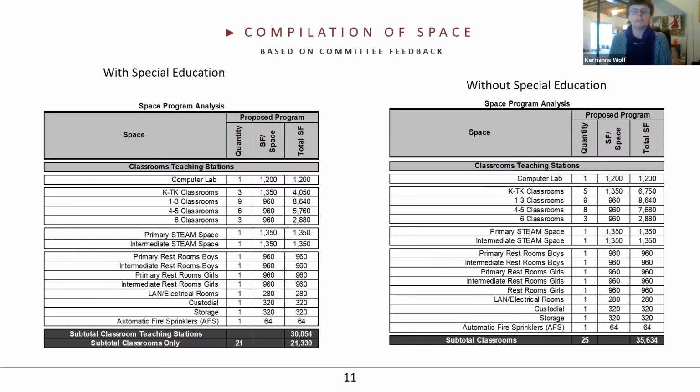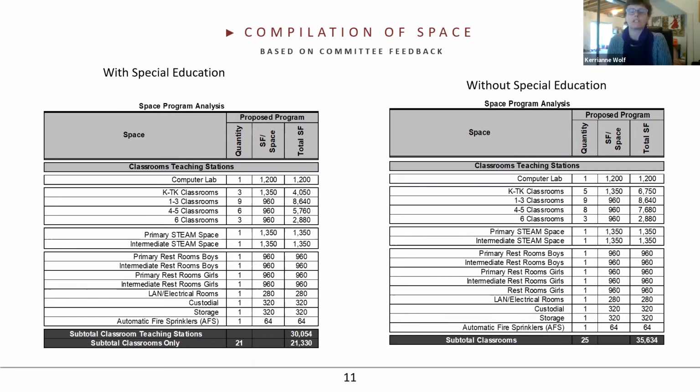But big picture here, what I want you to take away is that whether it's a school that ultimately has special ed or a typical general ed elementary school, we have computer labs, classrooms, K through 6. We have a STEAM space, which is for primarily delivery of science and art and other activities.